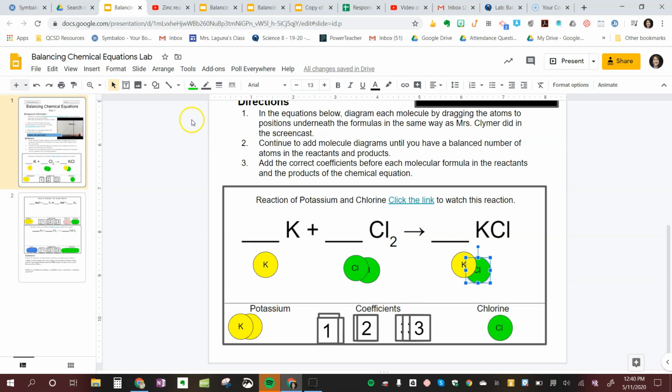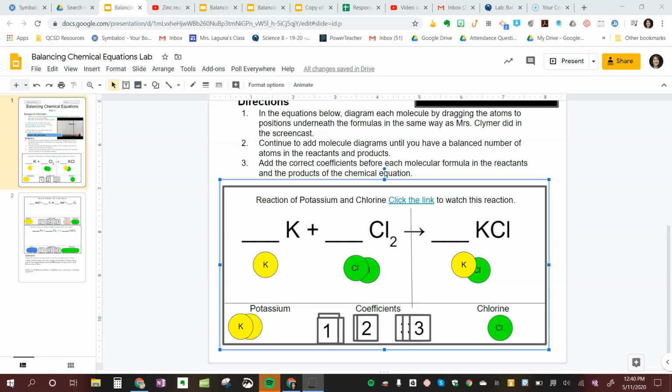Now everything on this side of the arrow has to match everything on this side of the arrow. Now that we modeled it, Angelina, can you tell if both sides match? I would have to say no, because there's 2 chlorine atoms on the left and only 1 on the right.